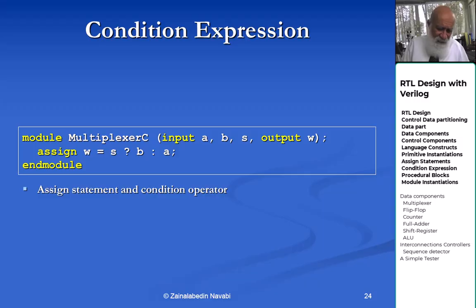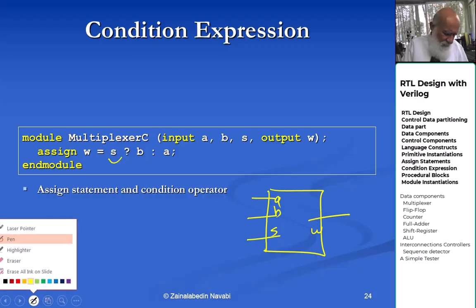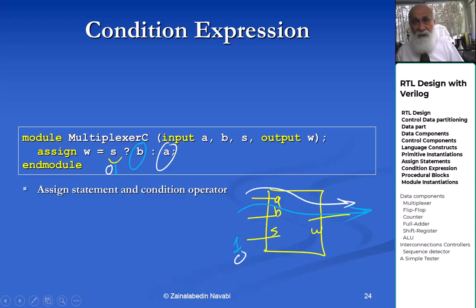It says I have a component with A, B, S inputs, and W output, and it says if S is 1, B is selected, and therefore if S is 1, B goes on the output, and if S is 0, A is selected, goes on the output.